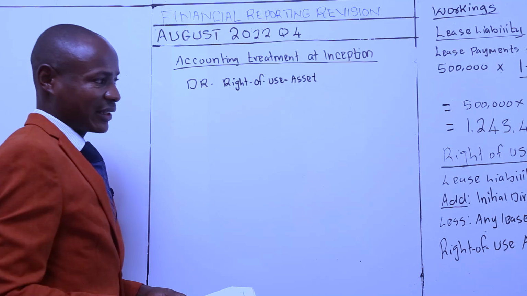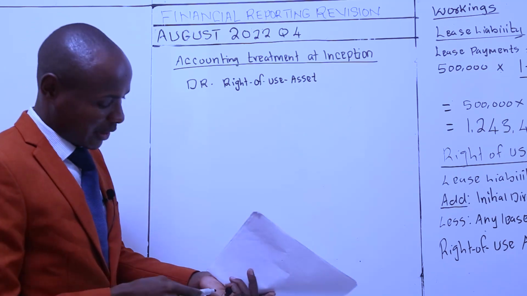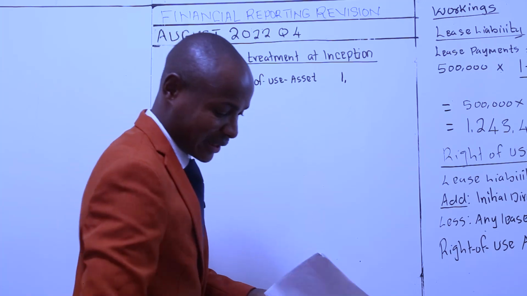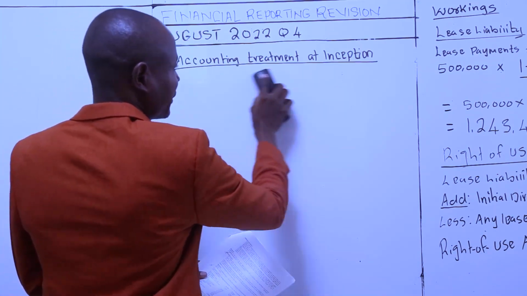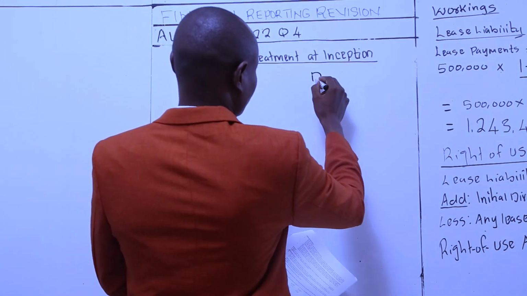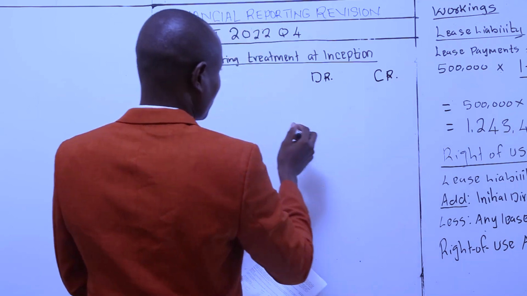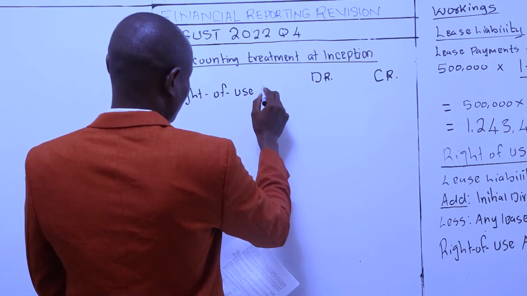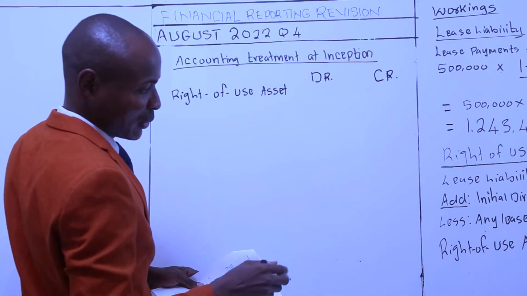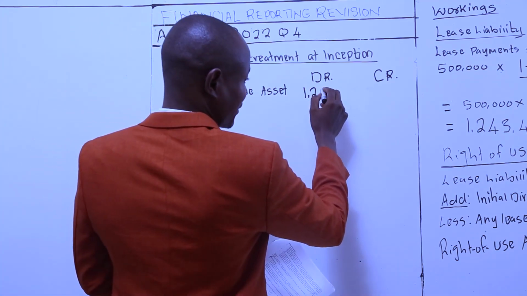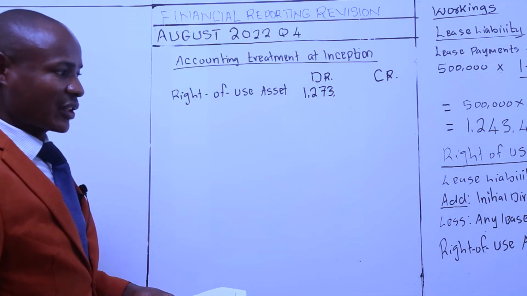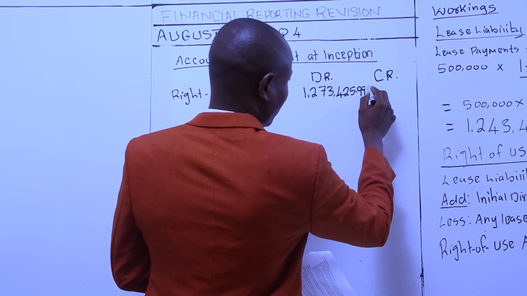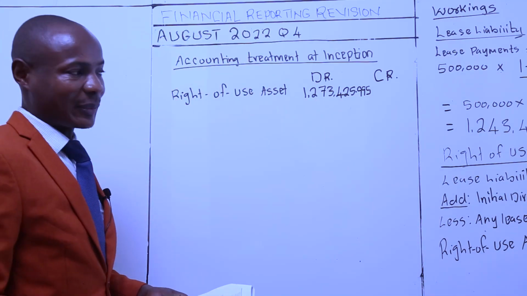We are debiting the right of use asset with 1,273,425.995.